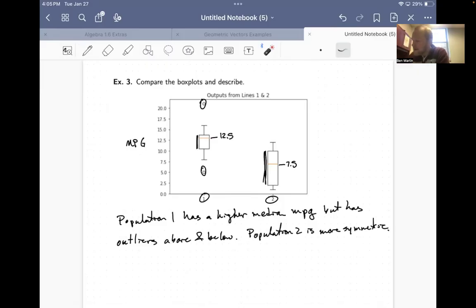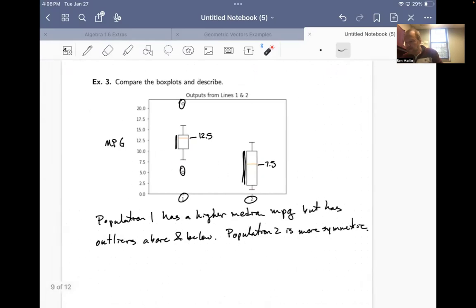Usually, you first notice which one has the higher and lower median. And then you can take a note here that most of the box for population 1 lies above the box for population 2. And that suggests that population 1, whatever model of car that was, probably has a significantly higher fuel efficiency than model 2. Okay. So that's what we do with that.